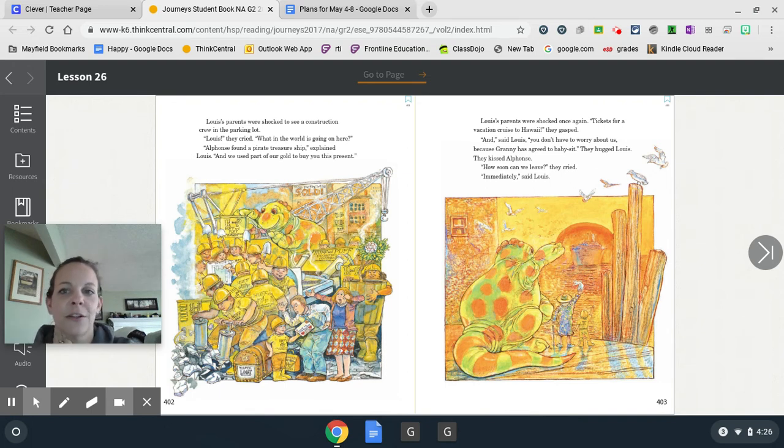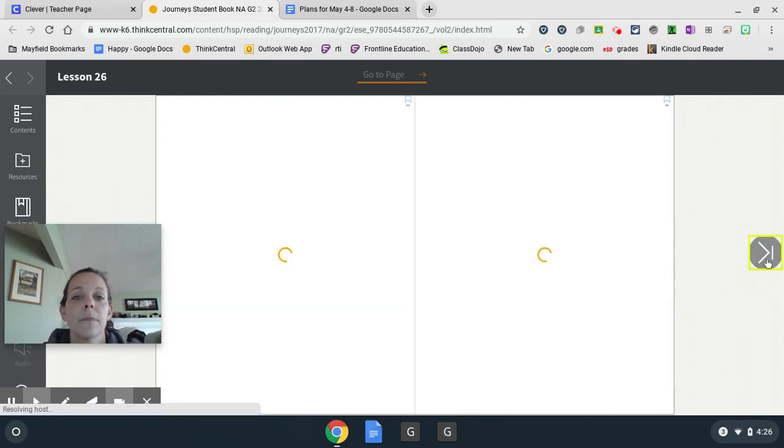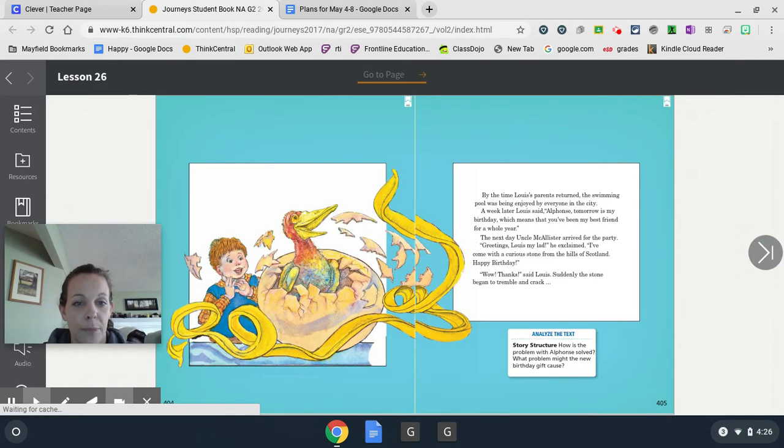"And," said Lewis, "you don't have to worry about us because Granny has agreed to babysit." They hugged Lewis. They kissed Alphonse. "How soon can we leave?" they cried. "Immediately," said Lewis. By the time Lewis's parents returned, the swimming pool was being enjoyed by everyone in the city.